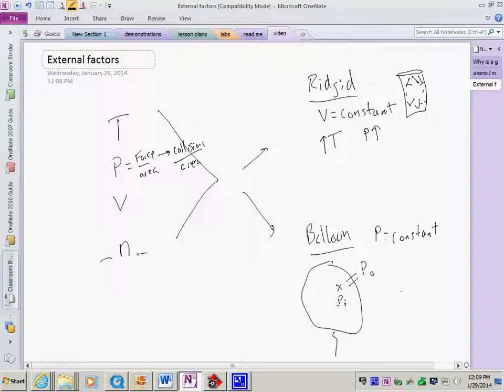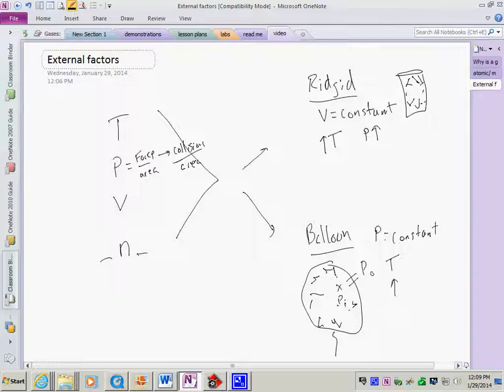On the bottom here, you should note that the pressure is constant, so if I increase my temperature, particles move faster and faster, bouncing off the walls, creating temporarily an increased pressure.